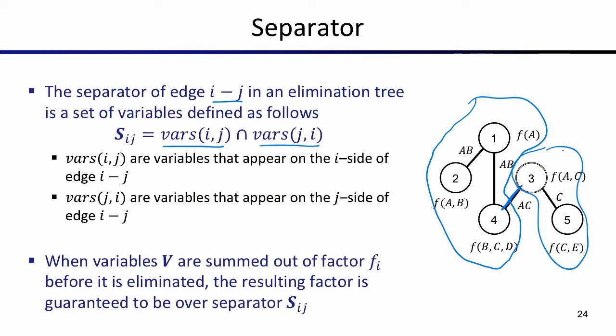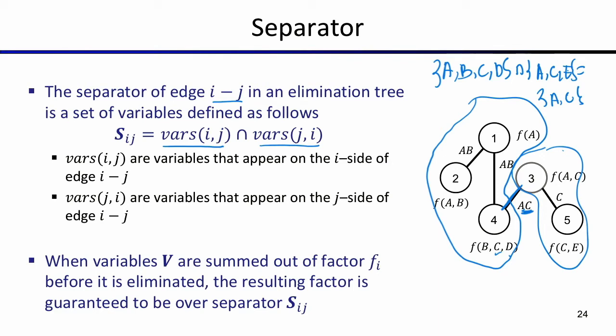On this side we have a, b, and also c and d. So we have these four variables, intersected with a, c, and e. And that's going to be equal to a and c. That is exactly what is happening here.